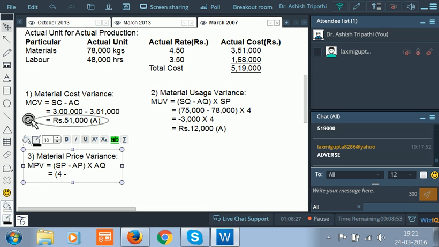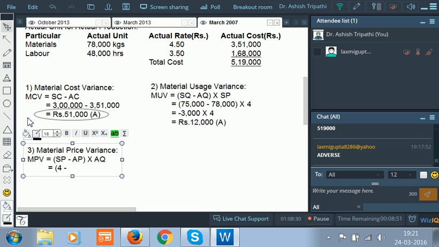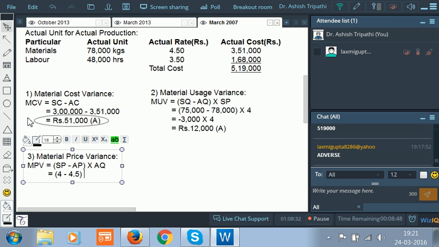Standard price is 4 minus actual price 4.5 into actual quantity 78,000. So if we solve this, we get minus 0.5 into 78,000.